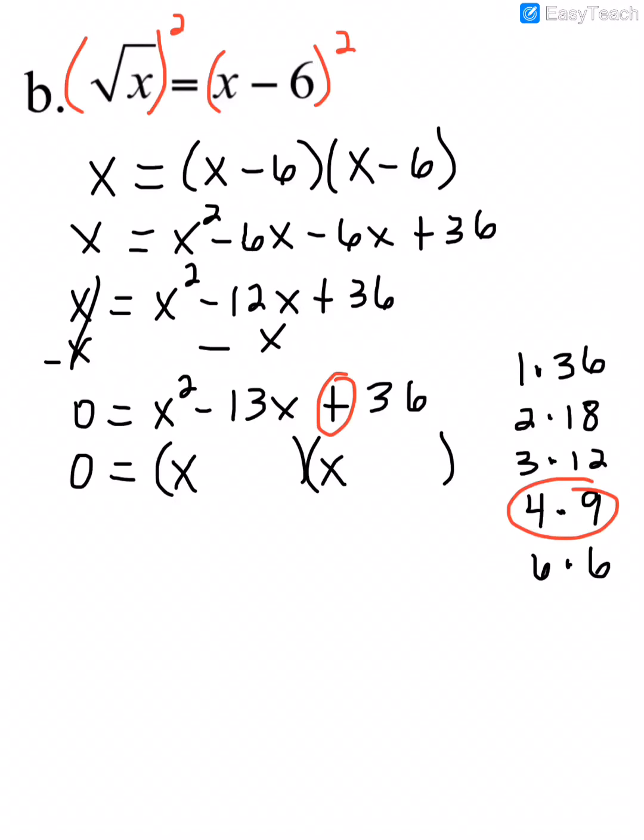And then remember, if this is a plus, then this sign tells me this sign's in my two parentheses. Okay, so they're both negative, and I'm going to fill them in with 4 and 9. Okay, so now that it's completely factored, I can set each factor equal to 0 and solve.